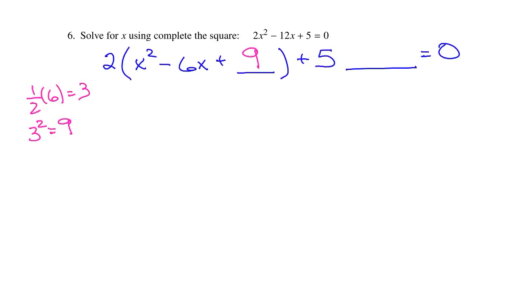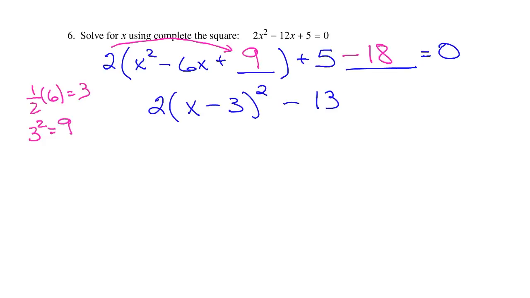But recall that the 2 is going to distribute to the 9. And so what I actually need to subtract is 18. 2 times 9. Factor, we get 2 times x minus 3 squared minus 13 equals 0. Next, we want to solve for x. So I'm going to move the 13 to the right side.